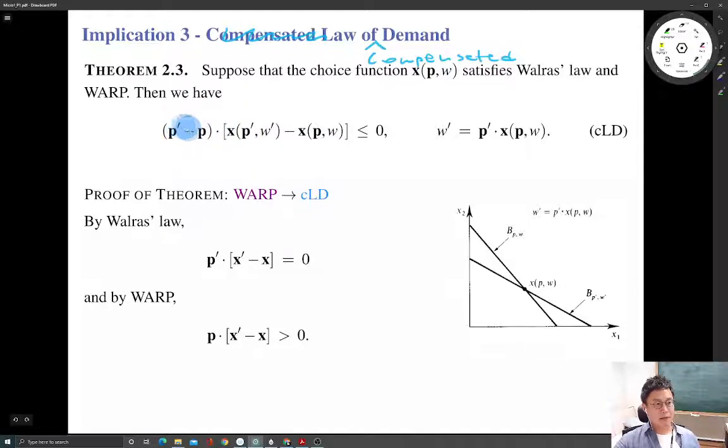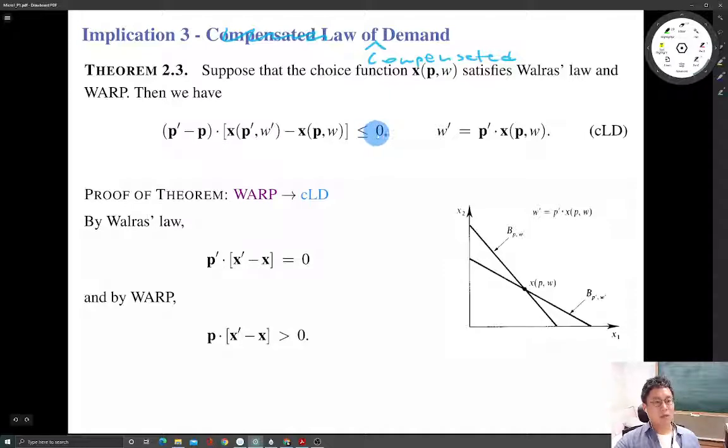So p prime minus p reflects the price change. And x of p prime, w prime minus x of p, w measures the change in demand. The dot product between the change in price and the change in demand is non-positive.